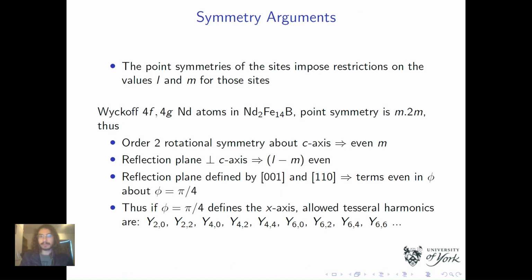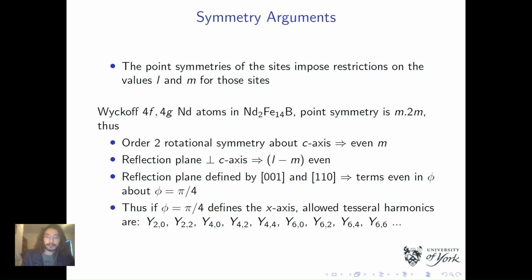In the case of neodymium iron boride, the neodymium atoms are situated at the 4f and 4g sites of P42/mnm. These sites all have a point symmetry of m.2m.